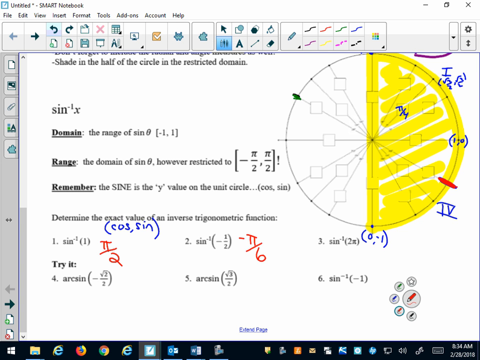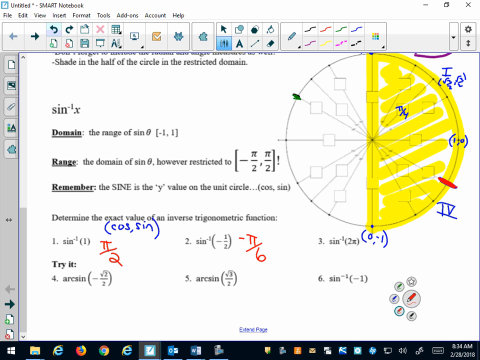Okay, the inverse sine of 2 pi. Does that make sense? No, it doesn't make sense, because that is an angle measure. If you're taking the inverse sine of something, that something has to be between negative 1 and 1.